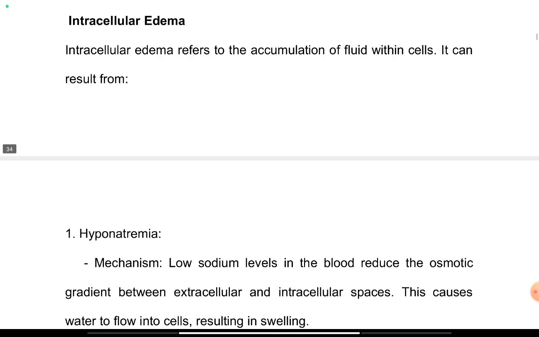Now, another clinical application here is edema, intracellular edema. Like in cerebral edema, we talked about, it is an example of intracellular edema. A major cause of that is hypotonicity in the intravascular space. So fluid moves from the intravascular to the intracellular. When I say intravascular, it also means extracellular.